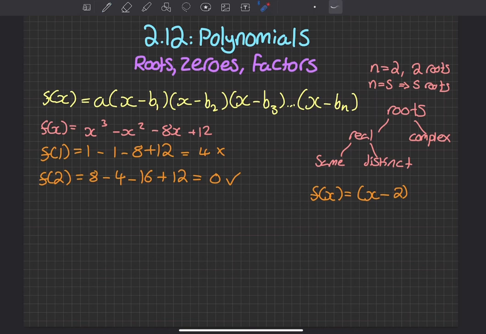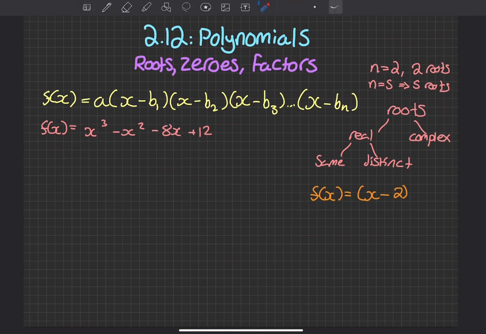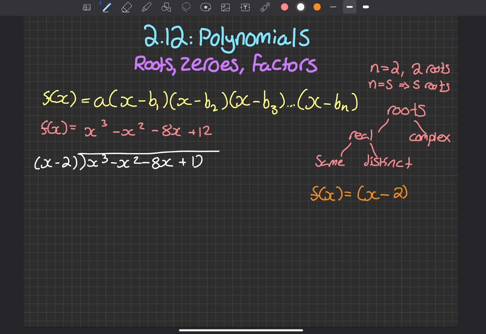Well, what we do next is we actually use long division, which is a method we covered earlier in the video. And what we do is we divide this by this to find the other roots. Okay, so again, we put this here, draw the long division sign, put this inside, and we just go through the process of long division now, which I covered earlier in the video.